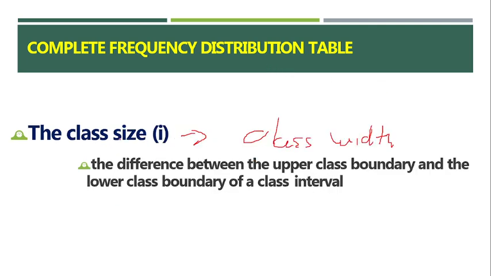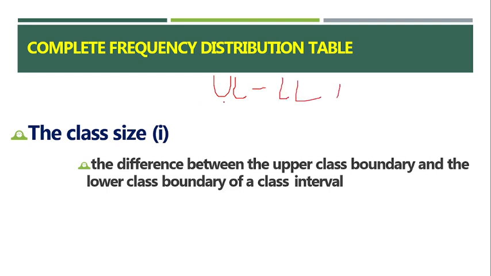When we refer to class size, we have the formula of upper limit minus lower limit plus 1. And maybe you will ask me, Sir Jai, why is it that when we research, the formula is only upper limit minus lower limit?